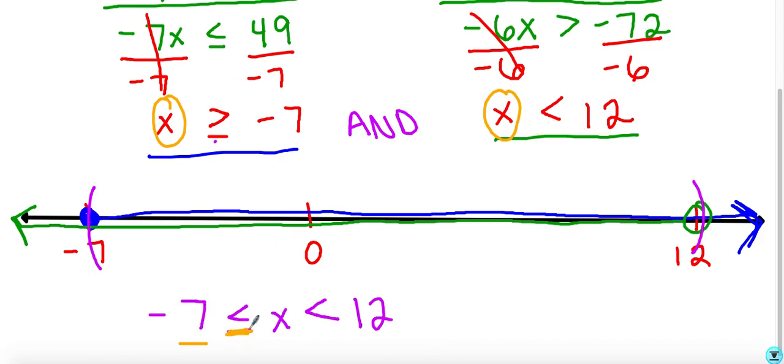Negative 7 is included only because of the equal sign. And then let's say negative 6. Negative 6 is greater than or equal to negative 7, and it's also less than 12. Okay? So this x is everything in between these two numbers, including negative 7, but not including 12.